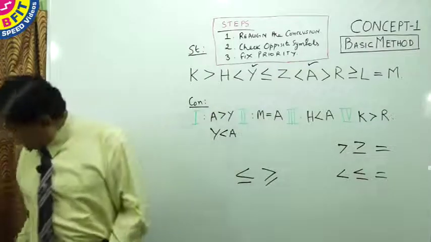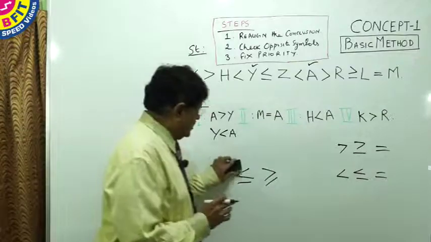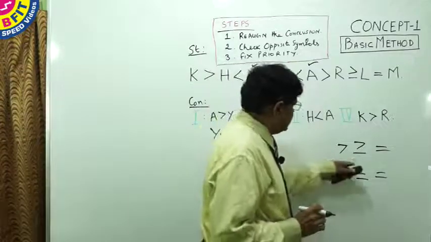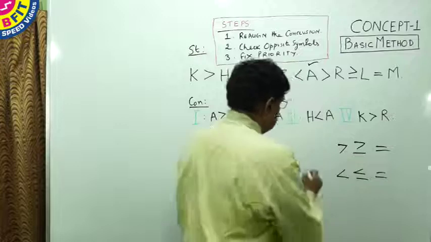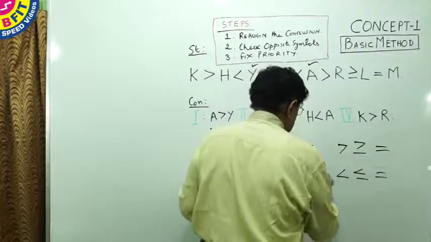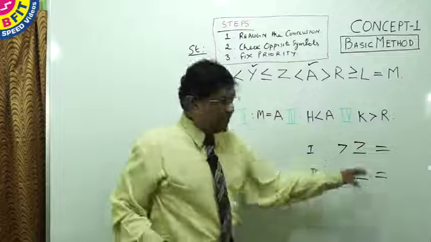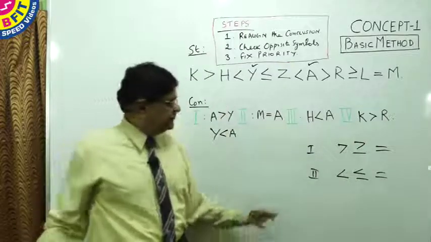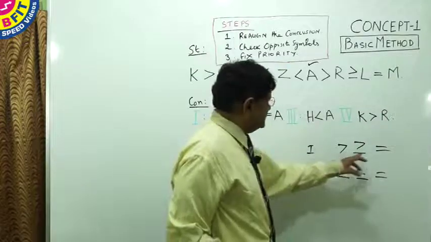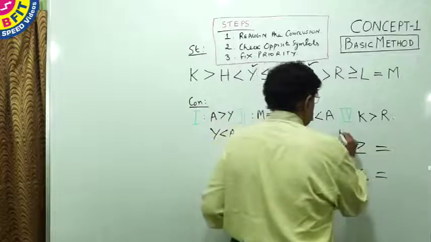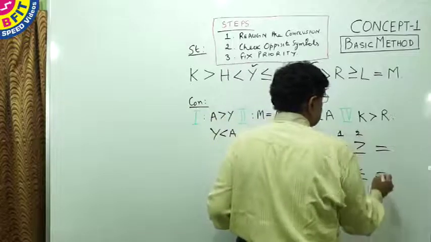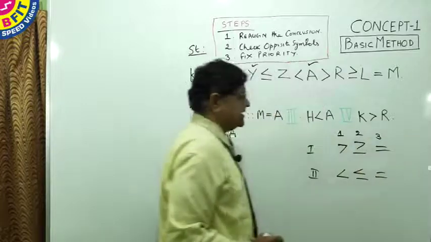Other than opposing symbols, what can come? First choice is any 3 of them can come. This is the first choice, this is the second choice: greater than or equal to, or is equal to. Now between these 3 symbols, this has got first priority, this has got second priority, this has got third priority.